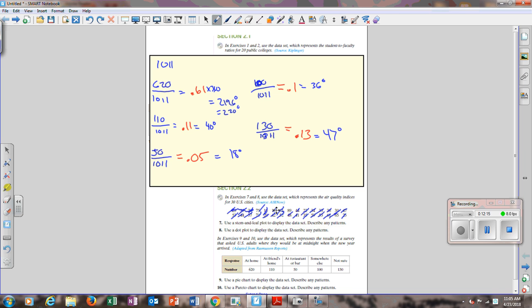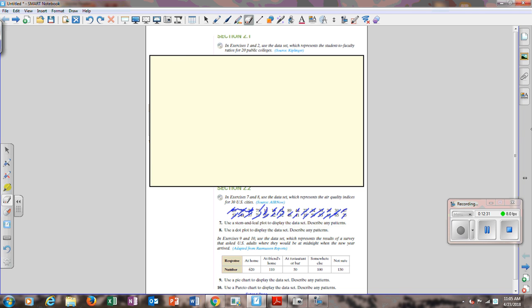All right. Last part is to use a Pareto chart. Which, if you remember with the Pareto charts, it's really just like a bar graph where they don't touch.